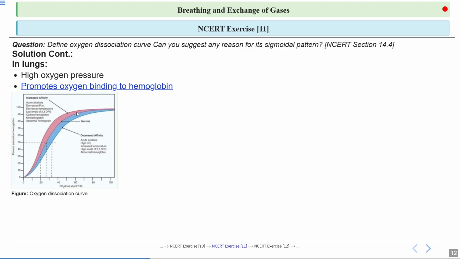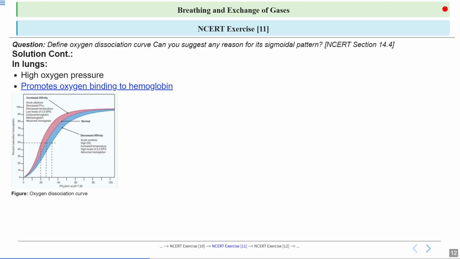Let us see that. 90% of the hemoglobin got combined, and when it reaches 70, you can see almost 100%, not actual 100%, it is less than that, but almost all the hemoglobin got saturated with the oxygen. So what is increasing here? Partial pressure of oxygen, right? And this is happening in the lung region.